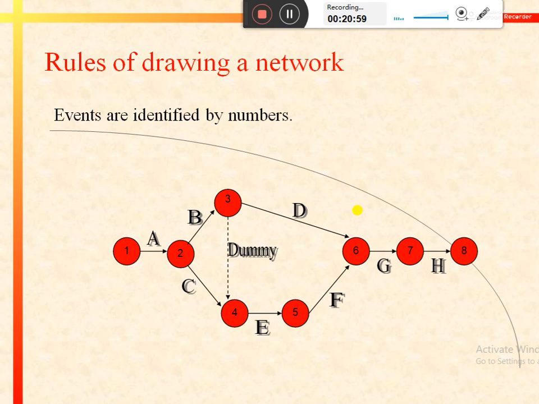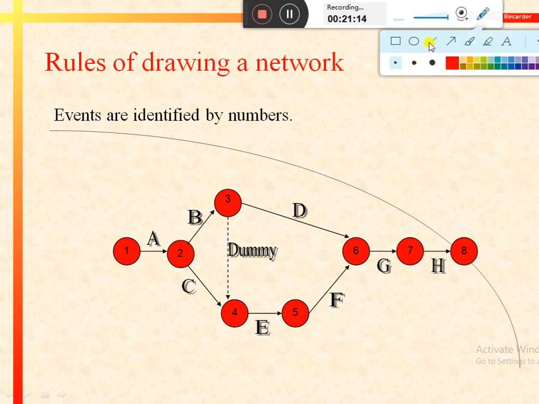Now we would discuss some rules of drawing or constructing a network for a particular project. The first rule is that events are identified by numbers. As you can see in this network, there are red circles which are identified with a specific number.